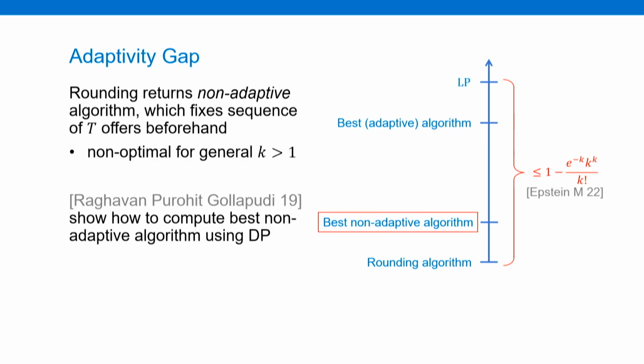And the best adaptive algorithm is no better than the LP. And this dumb rounding algorithm was purely designed to get this guarantee against the LP. So in some sense, this was not an algorithmic construction. It was more a simple way to compare these algorithms by using the right sequence of relaxations.